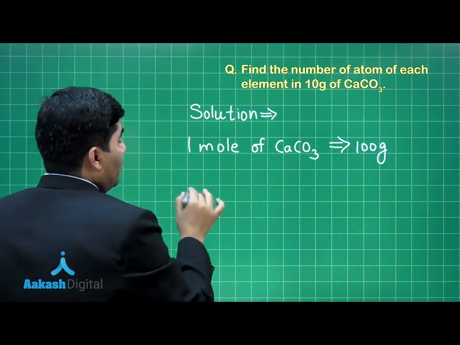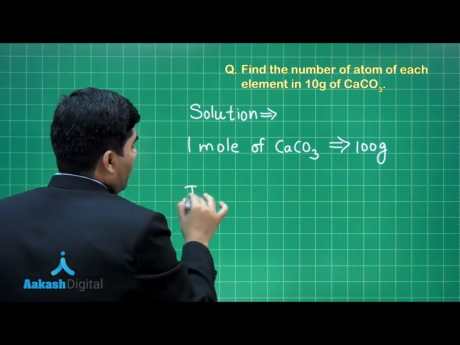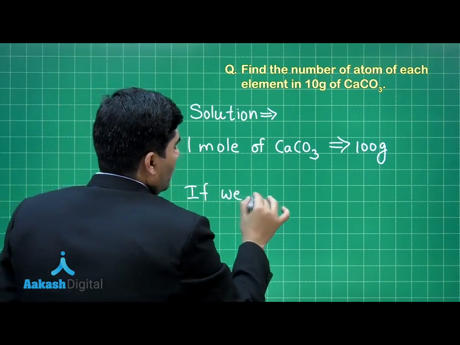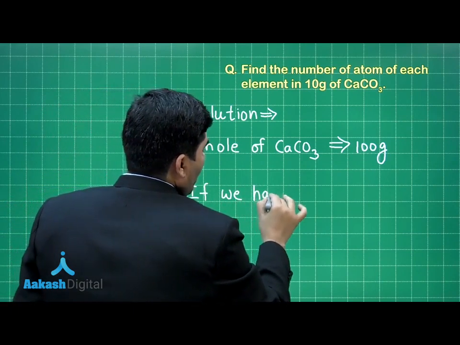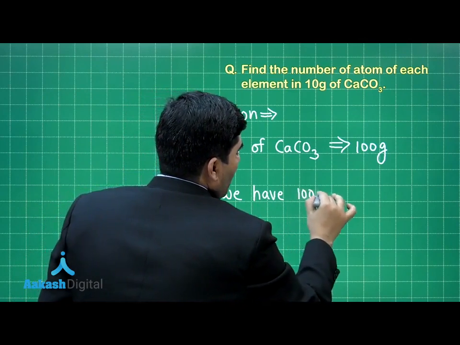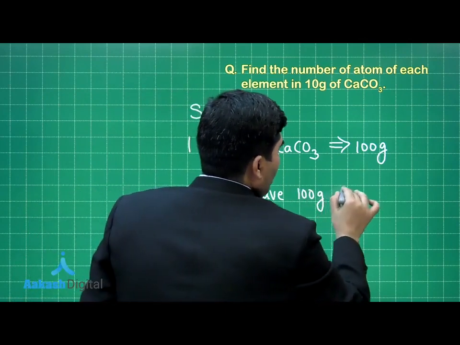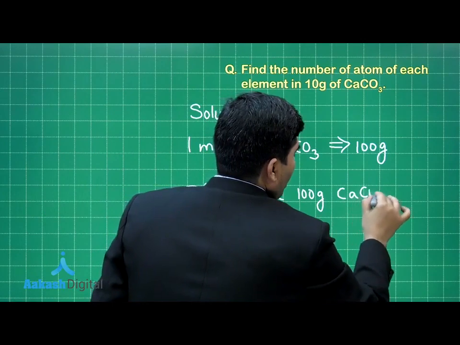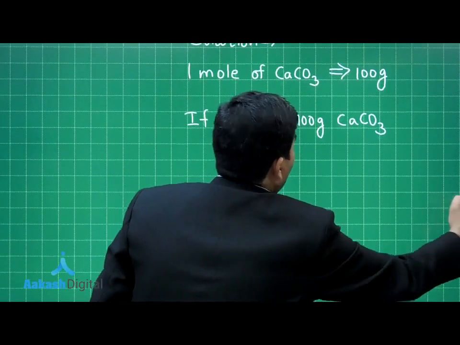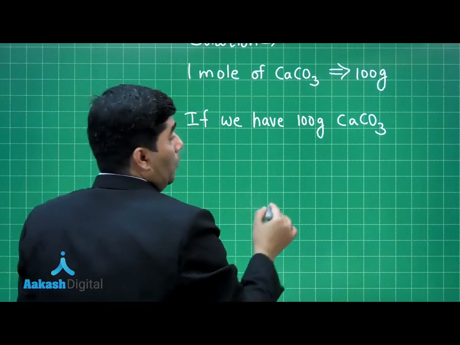So if we have 100 gram of calcium carbonate, then it is 1 mole.